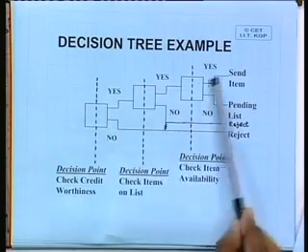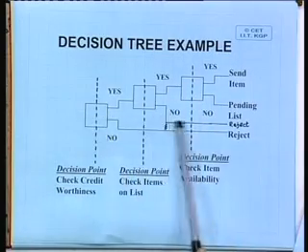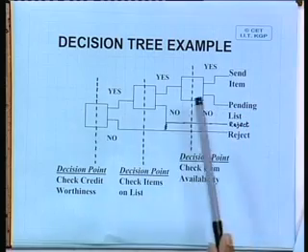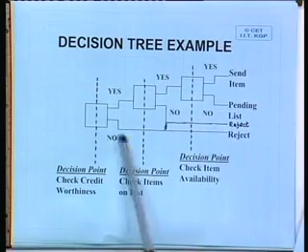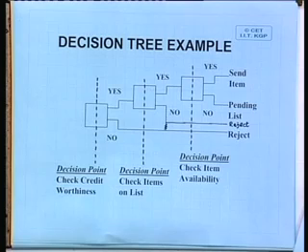What are the things? 1, 2, 3, 4 we have actually considered, is it not? But because there are 3 conditions and each condition can lead to 2 possibilities, yes or no, technically there are 8 possibilities.